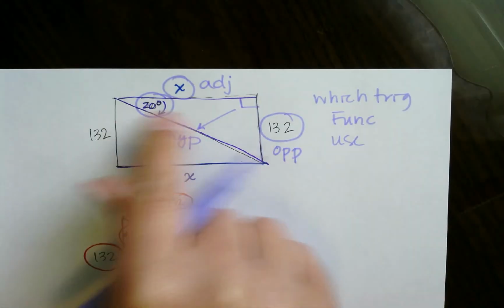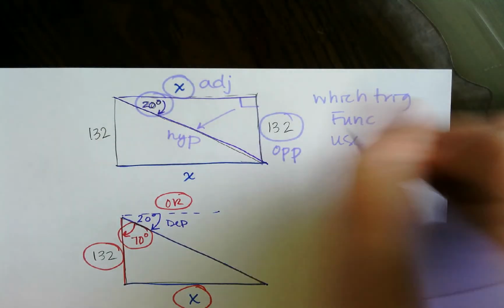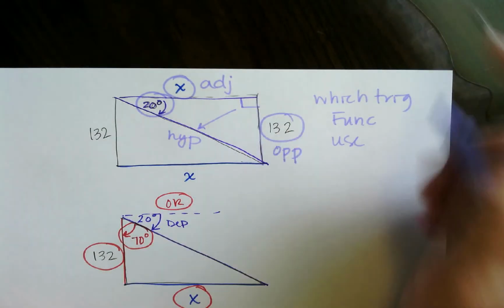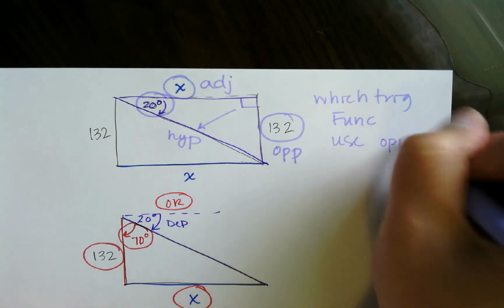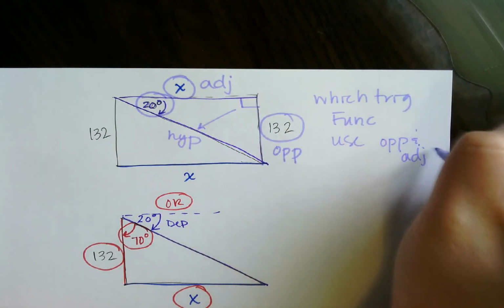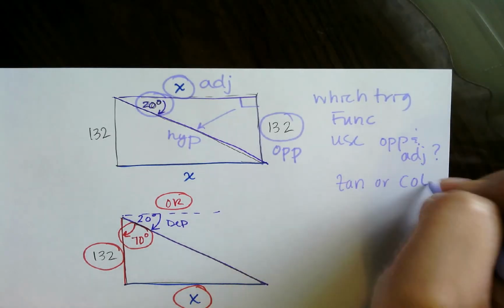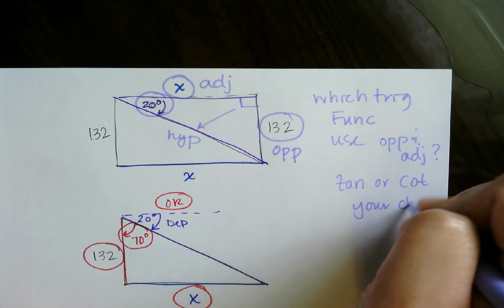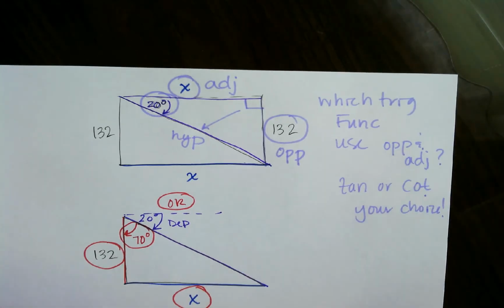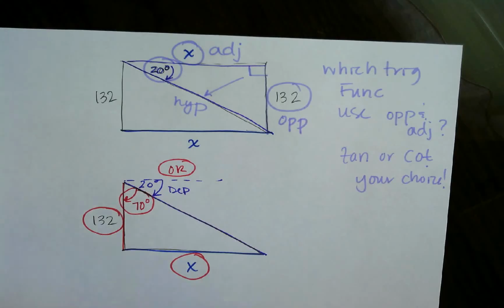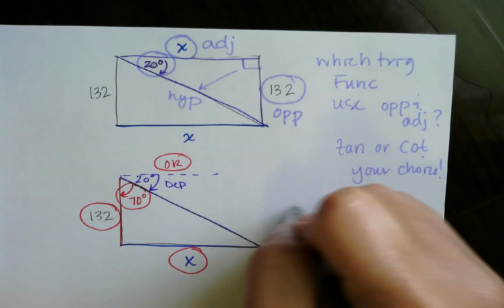So which trig function uses, because we're going to use 20 degrees, opposite and adjacent? And somebody would say tangent or cotangent, it's your choice. So I'm just going to do tangent, it doesn't matter.